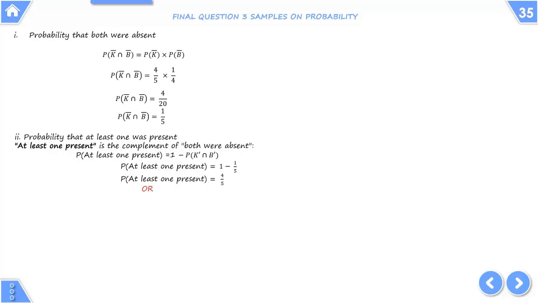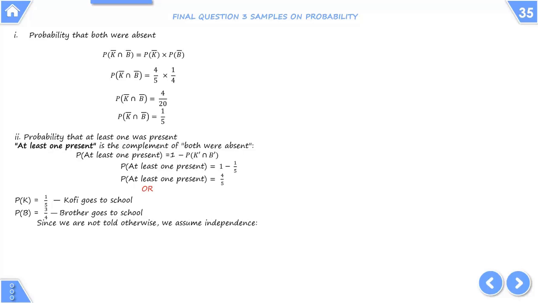Or we can decide to also use Kofi goes to school 1 out of 5, and his brother also goes. So we are looking for at least one. So it means that it's either both of them or one of them, right? So since we are not told otherwise, we assume independence, and we find the probability that both of them will go.